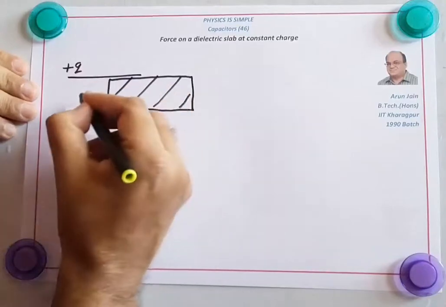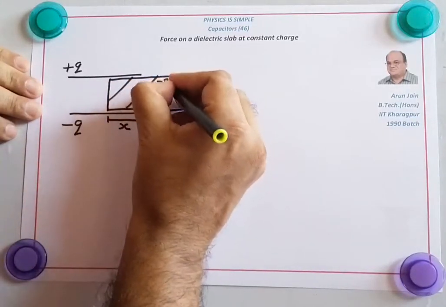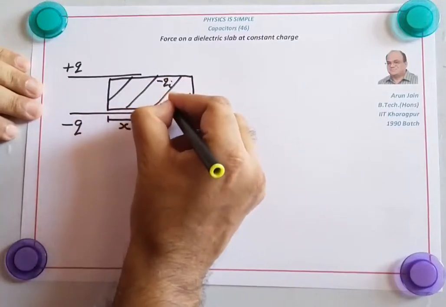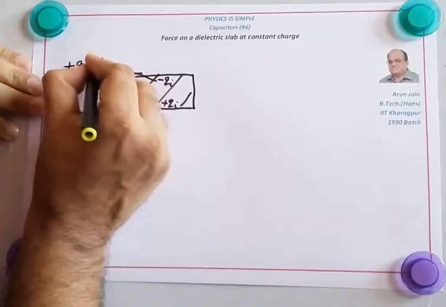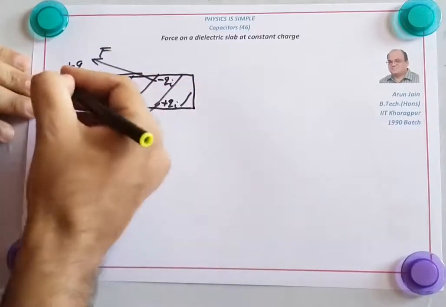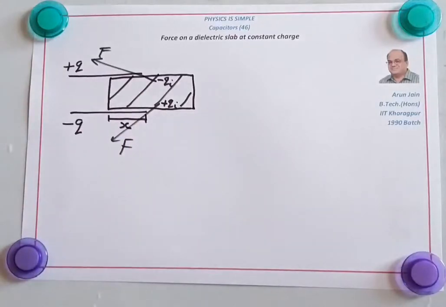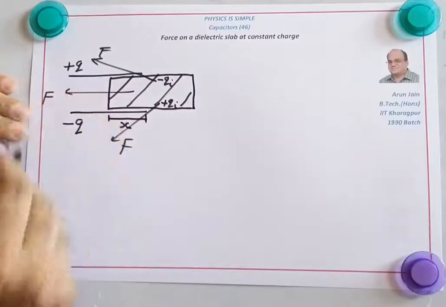Opposite charges will get induced on the dielectric, minus Qi here and plus Qi here. So these charges will experience a force in these directions and the net force will be inwards. We want to calculate that net force.